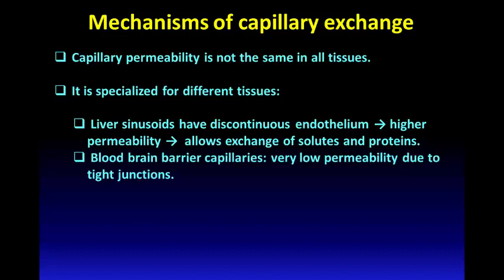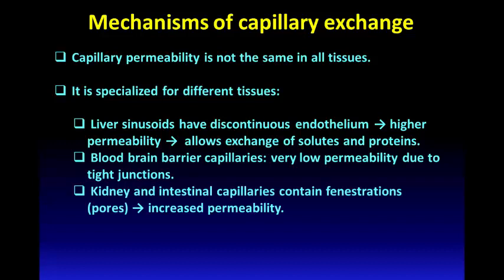On the other hand, blood-brain barrier capillaries have very low permeability due to the tight junctions between the adjacent endothelial cells. The kidneys, the glomerular capillaries, and the intestinal capillaries contain fenestrations. These are the pores, and hence they have increased permeability, but of course less than the permeability of the sinusoids.